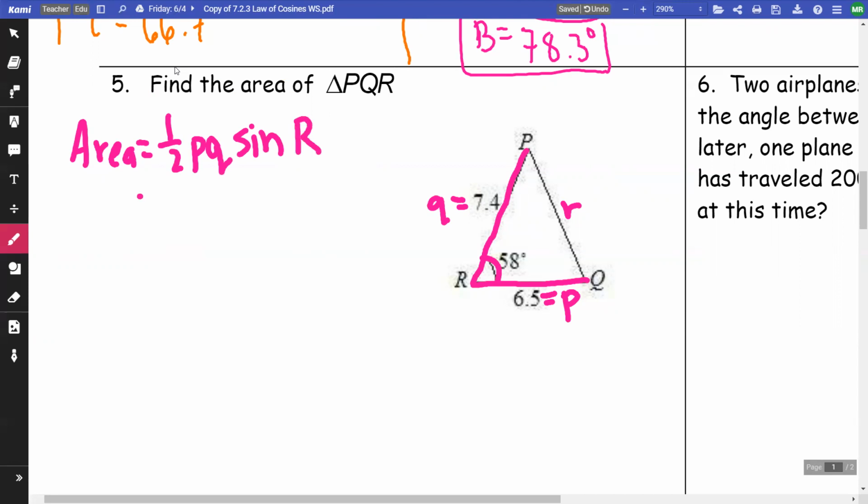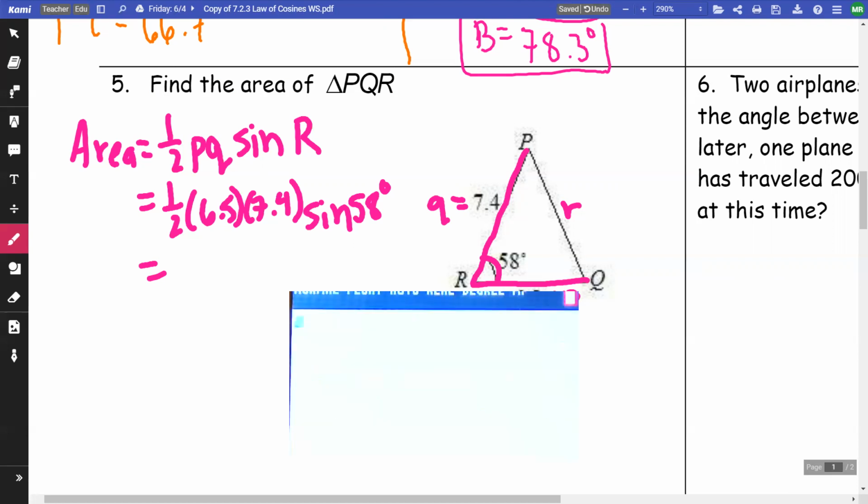Now let me put in my numbers: 1/2 times 6.5 times 7.4 times sine of 58 degrees. I'm going to put that into my calculator, and that is going to be my answer.